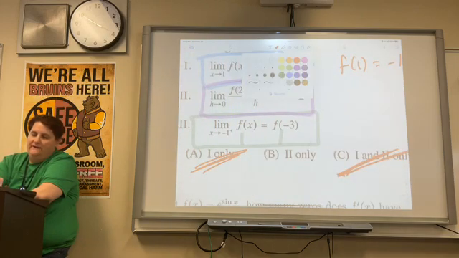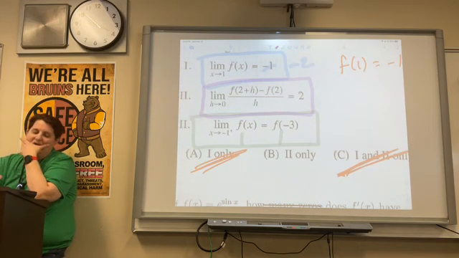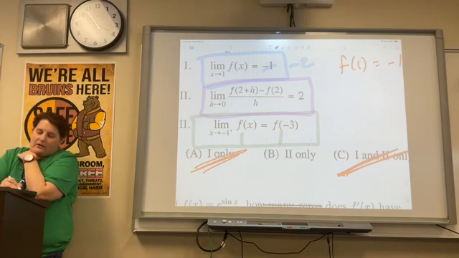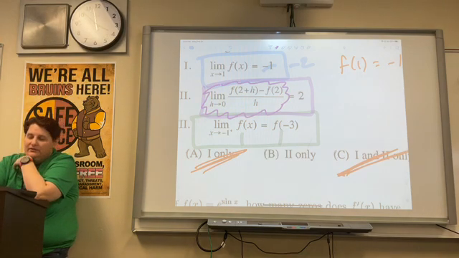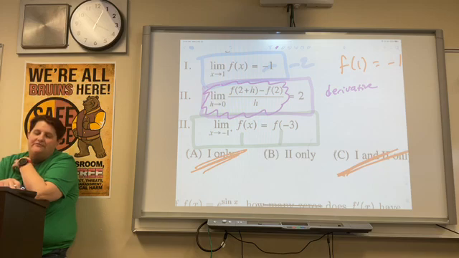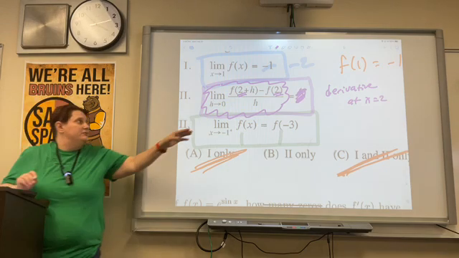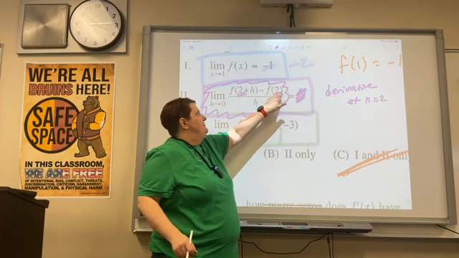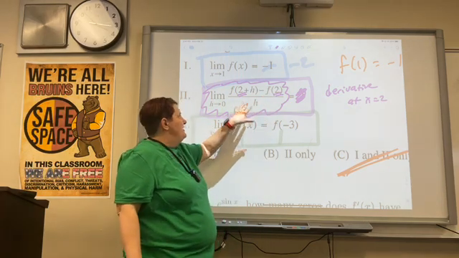I like your thinking. Okay, guys, look at this middle one. What does that mean? That crappy stuff means derivative, and it specifically means the derivative at x equals 2. Not because of that, but because it's a 2, because you have f of x plus h minus f of x over h, derivative at 2.